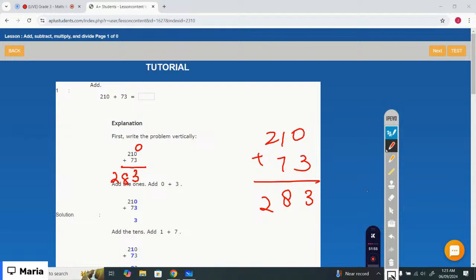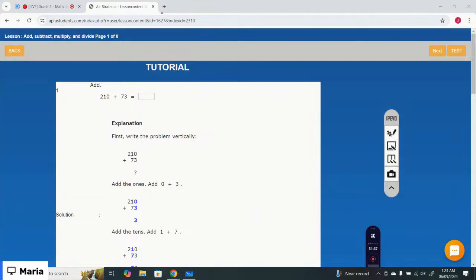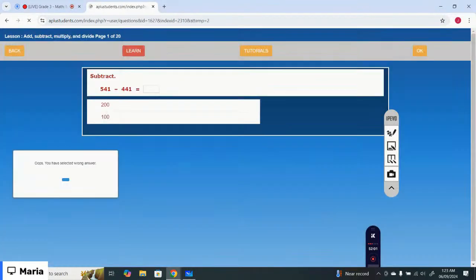Okay, let's start with the test questions. You can have a look at the tutorial by yourself. They are already solved, right? So let's start with the test questions.